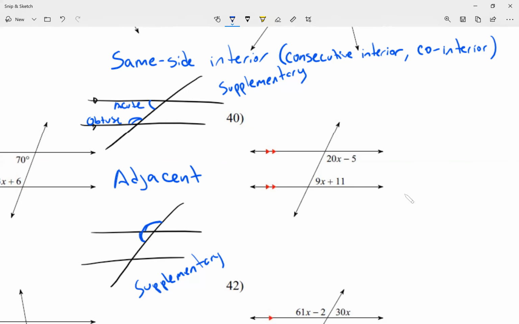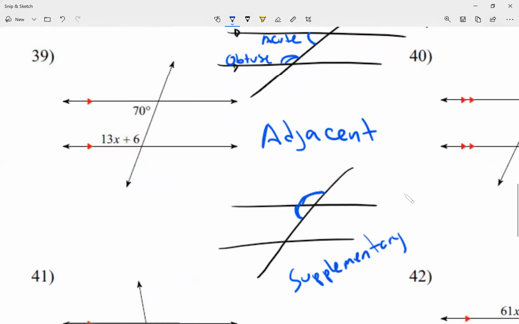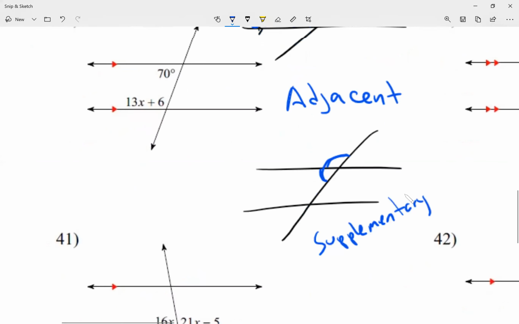So let's take a look at question number 39. This is an example of same side interior. And I said same side interior, the angles are supplementary. So let me add everything: 70 plus 13x plus 6.